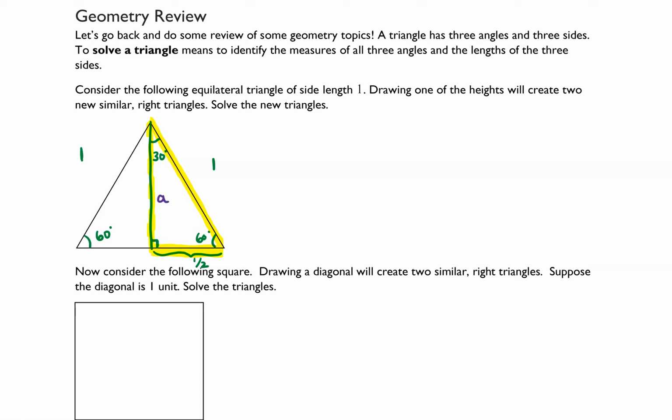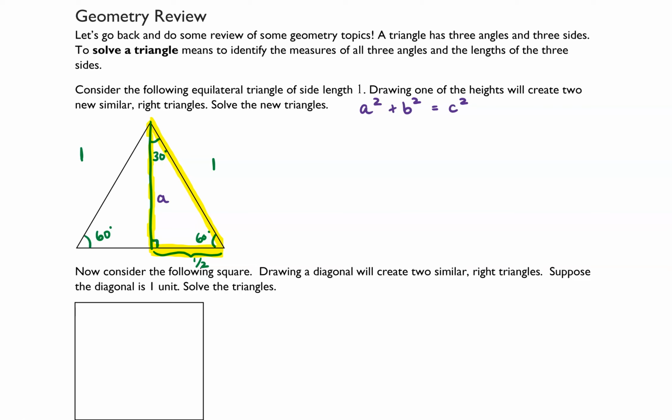I don't know what a is. Fortunately, we have what's called the Pythagorean Theorem, which we learned in geometry, that says that if you have a right triangle, if you square the lengths of the sides and add them together, that's going to equal the square of the length of the hypotenuse.